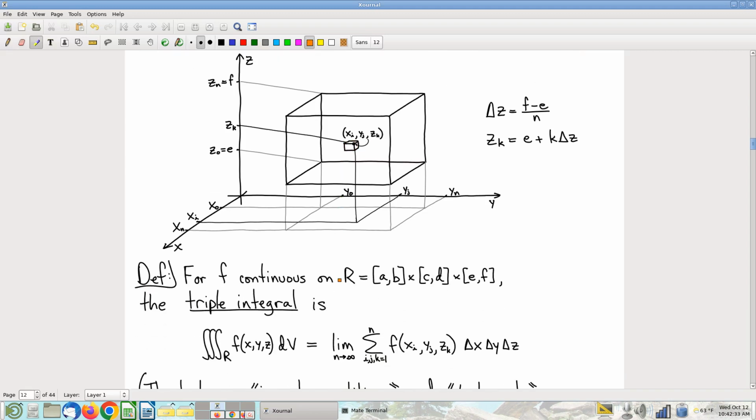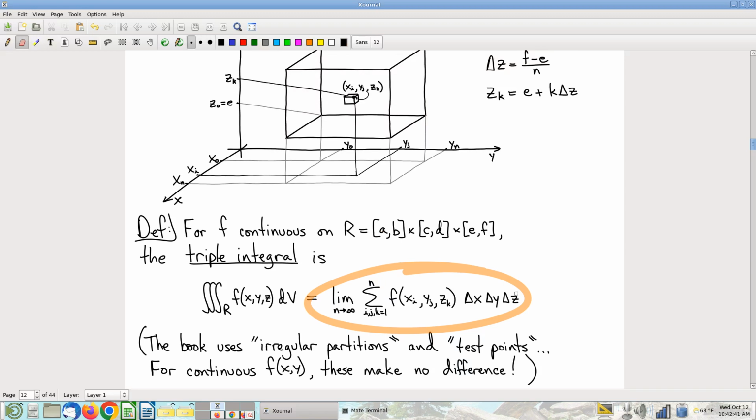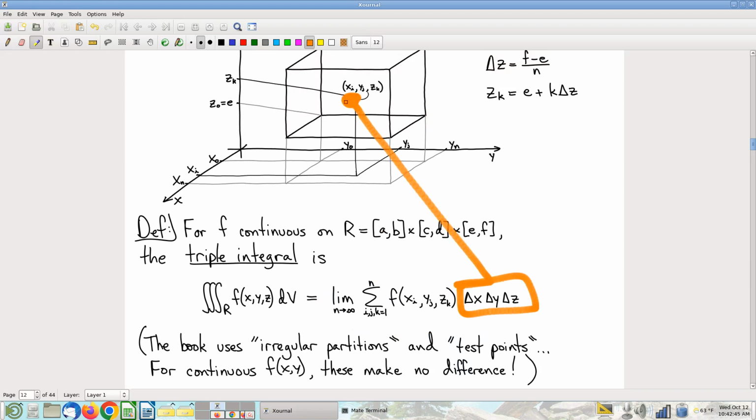So here's the definition then of a triple integral. It's chop it up, add it up. Where we're looking at volumes of little boxes. Volumes are height times width times length. So delta x, delta y, delta z. On each of those pieces, we're going to compute the answer to whatever our question is.